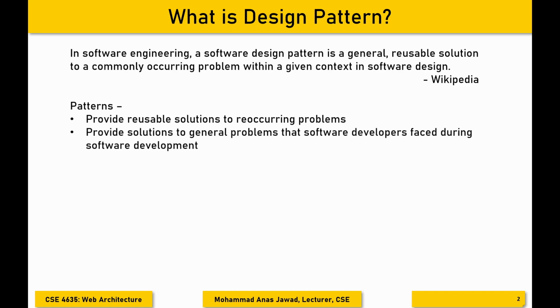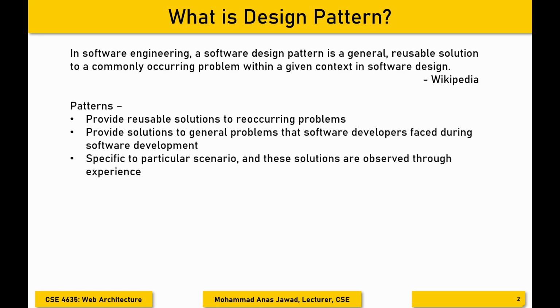They provide us solutions to general problems that other software developers have faced during their lifetime while they were doing software development. Design patterns are specific to a particular scenario, and the solutions provided by these design patterns are basically observed through experience. So whenever we face any problem, we look for a specific design pattern that applies to that problem, and then we use that pattern to solve that problem.